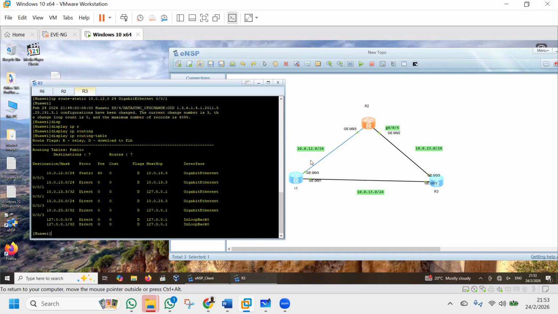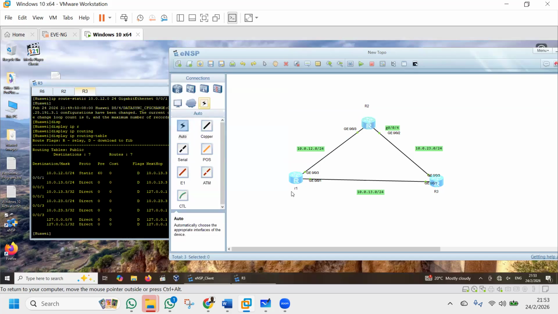For router 3, the network I advertised is this one, 10.0.12.0, it's there at the top. So it's there too, so it means all my routers have it. It basically means, for example, if I'm on router 1 here and I put a static route to this network, I should be able to get to that network, whether or not I advertise on the other end.